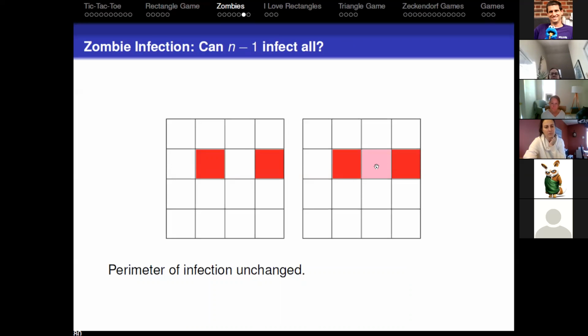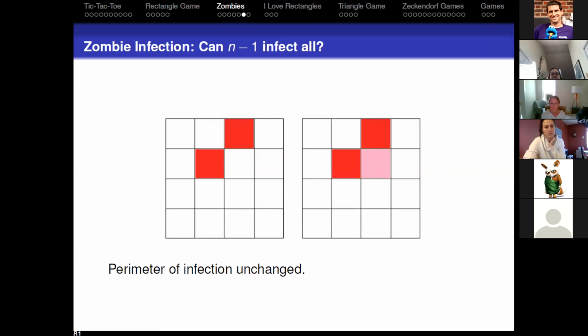Let's look at the perimeter of the infection. Because this white cell was not infected initially, we're assuming that only 2 of its 4 neighbors are infected. We lose this wall, we lose this wall, but we gain these 2 walls over here. So the perimeter of the infection hasn't changed. If we have just these 2 cells infected, we see again the perimeter doesn't change.